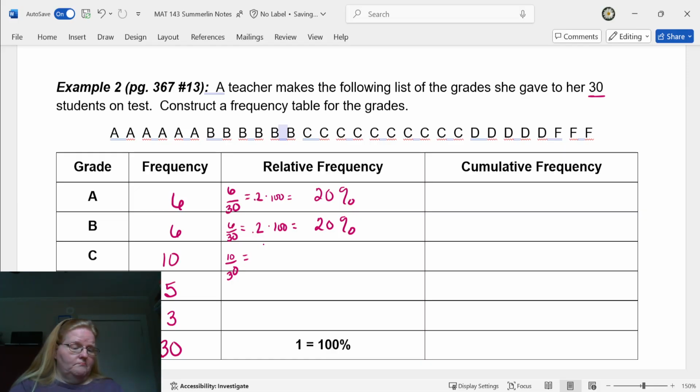which gives me the 0.33 repeating times 100 equals 33.3%. The next one is 5 over 30.